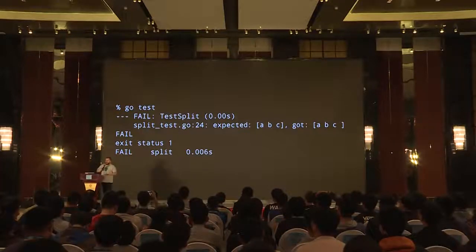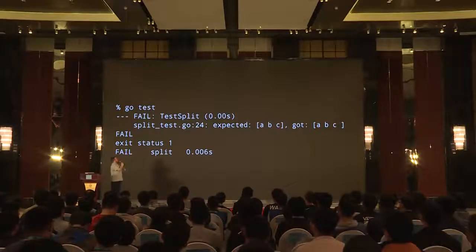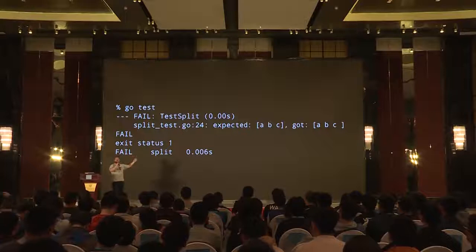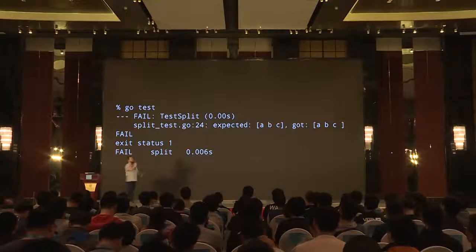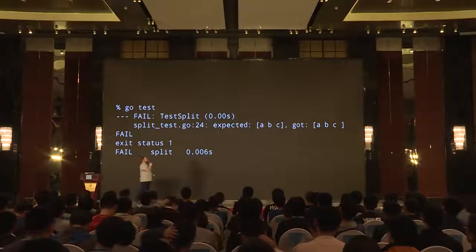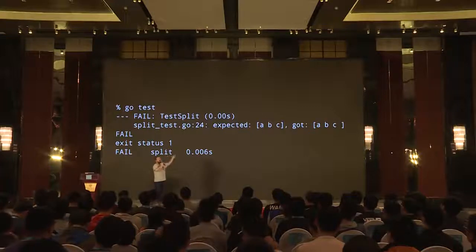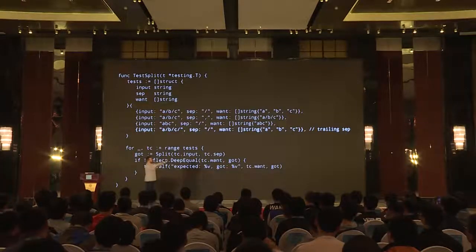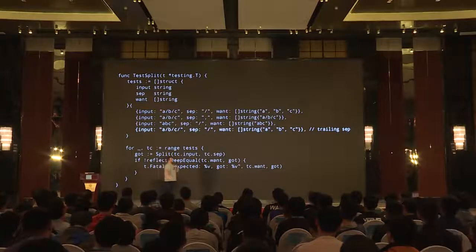But there's a few things to talk about here. The first is, by rewriting those individual test functions into a table-driven test, we've lost something. We've lost the name of the test case. I mean, there it is, it's there in a comment.